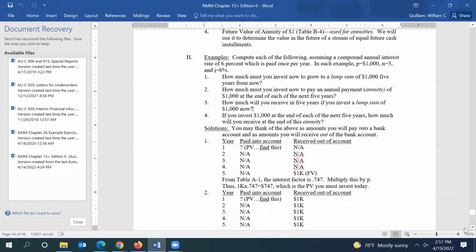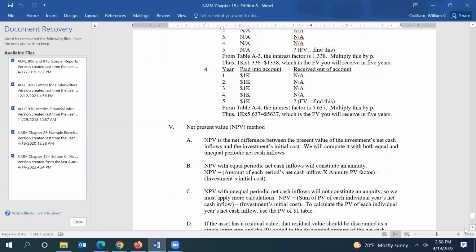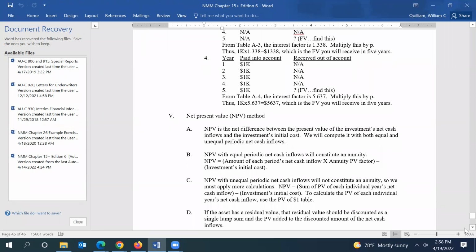Well, let me come down again to H, looking at the solution number 4. So we've got 5 years. We're going to pay into this account $1,000 at the end of each of the next 5 years. Let's see what we receive out of the account. Well, nothing for the first 4.